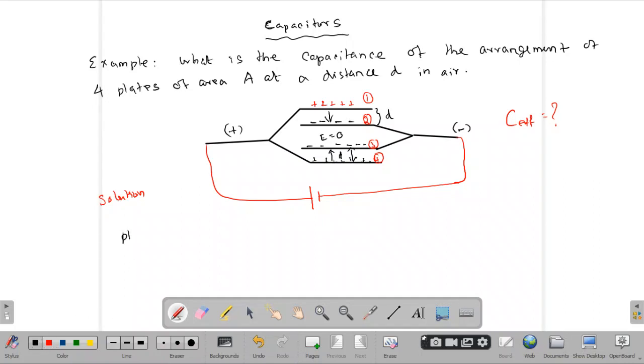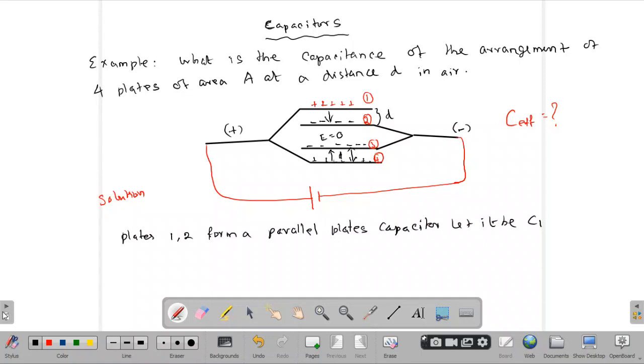Plates 1, 2 form a parallel plate capacitor, and let it be C1.